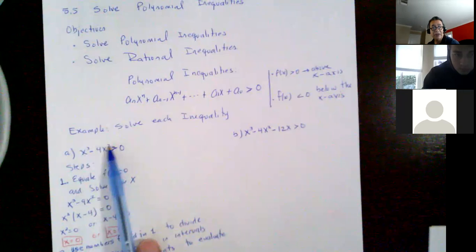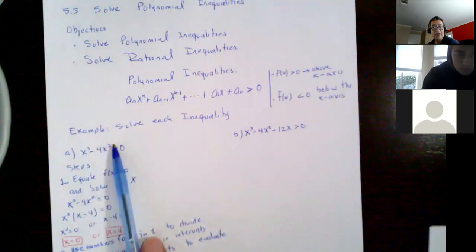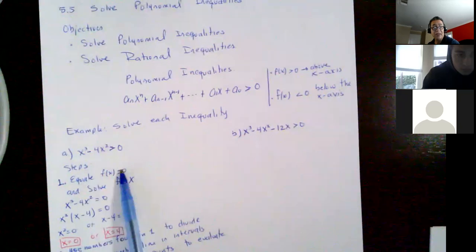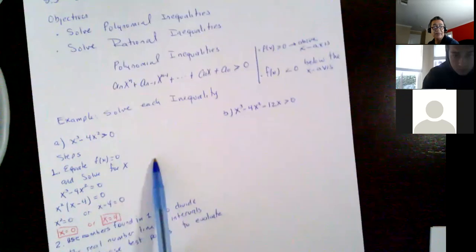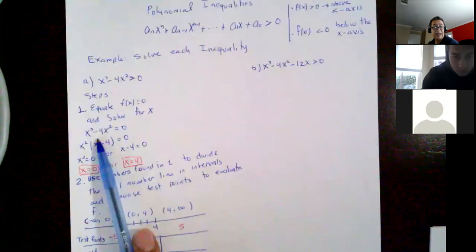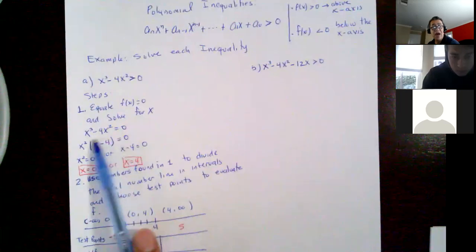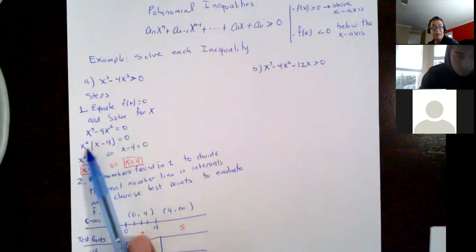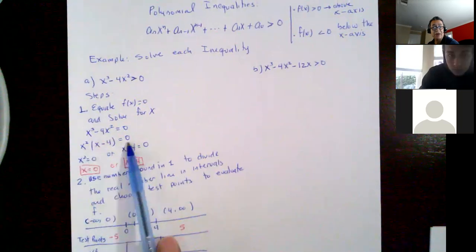We're going to do the same steps as before. Step 1, we equate to 0 and solve for x. So I have x cubed minus 4x squared equals 0. How can we factor the left side? We can factor out the x squared, and we're left with x minus 4.